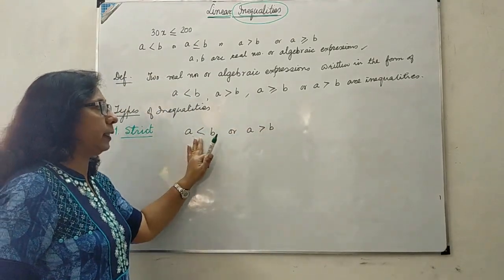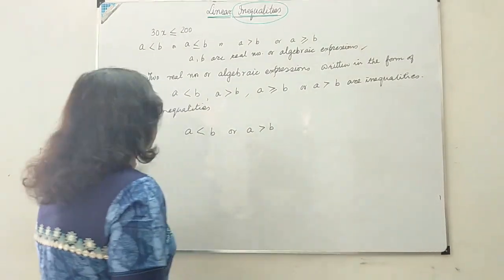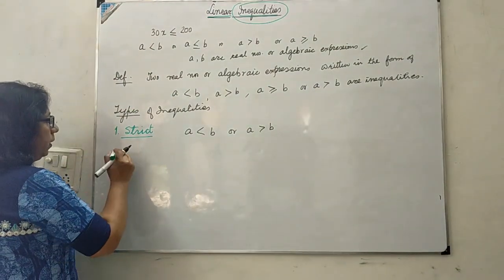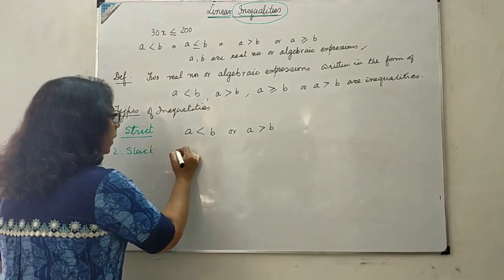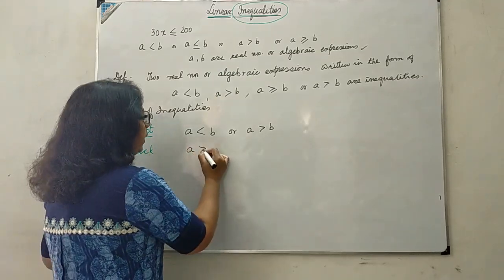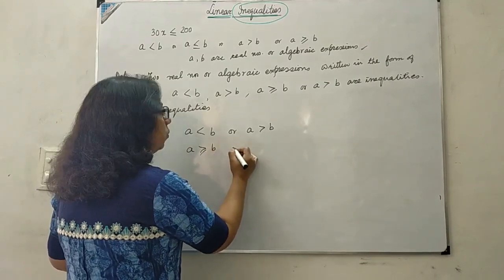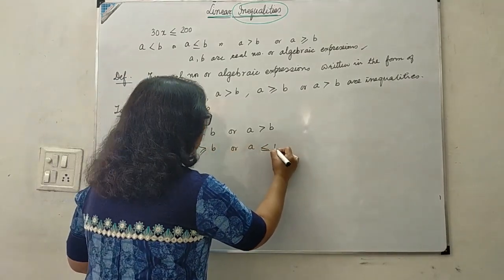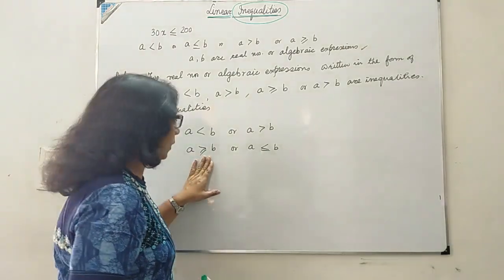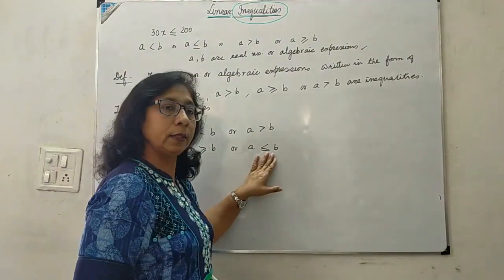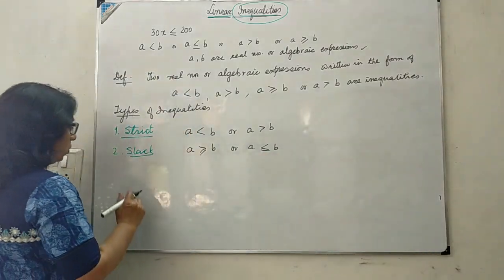When we have only a less or greater sign, these are called strict inequalities. Now the second one is slack inequalities. Two expressions of the form a greater than or equal to b or a less than or equal to b. In this we have either greater or less, and with that the equality sign is also there.